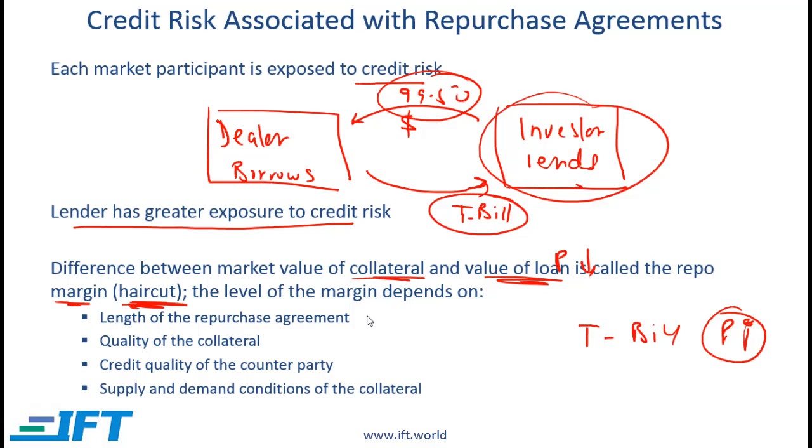The higher the quality of the collateral, the lower the repo margin. The higher the credit worthiness of the counterparty, the lower the repo margin. And repo margins are lower if the collateral is in short supply relative to demand.